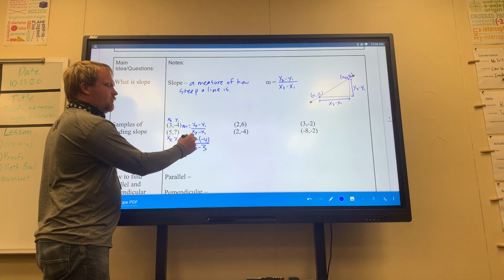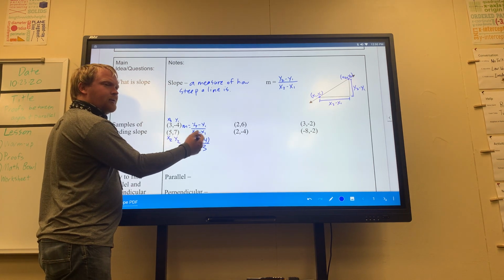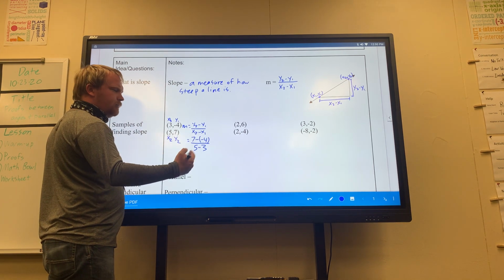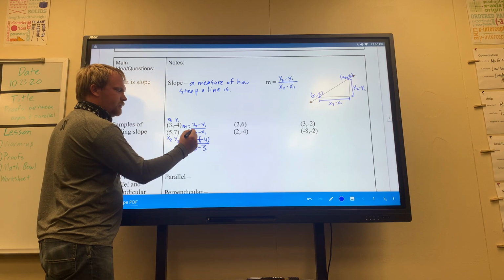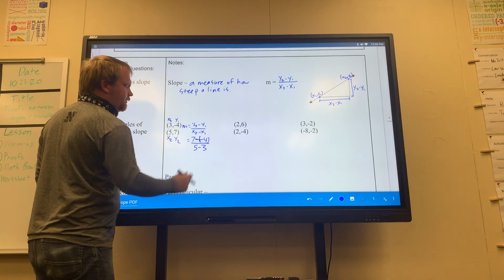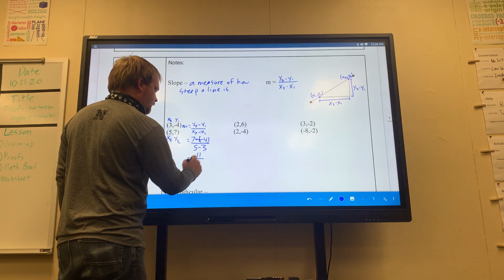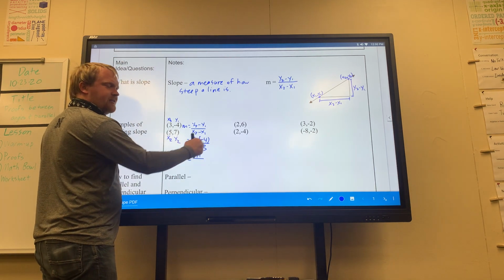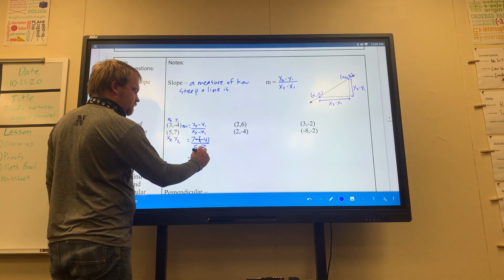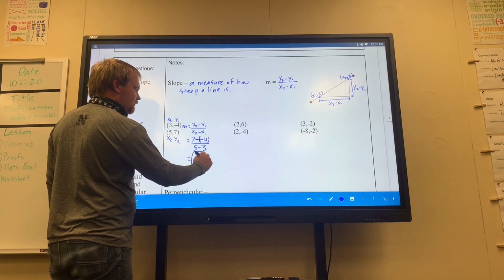Now, what do we know about the two negatives? Well, they become positive. So I'm going to have 7 plus 4, which gives me 11. 5 minus 3 is 2. So that's going to be my slope.